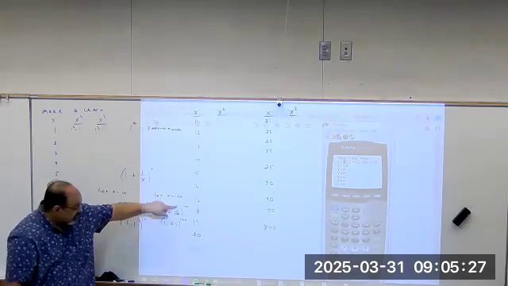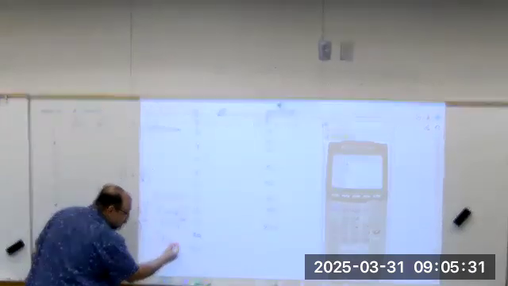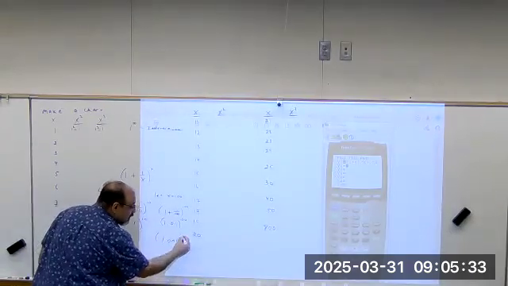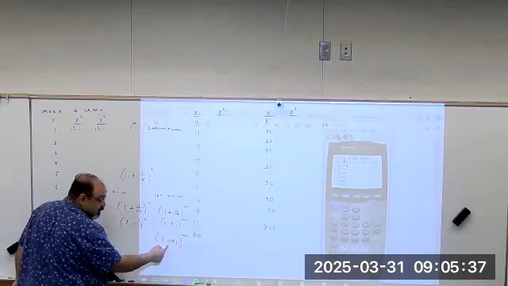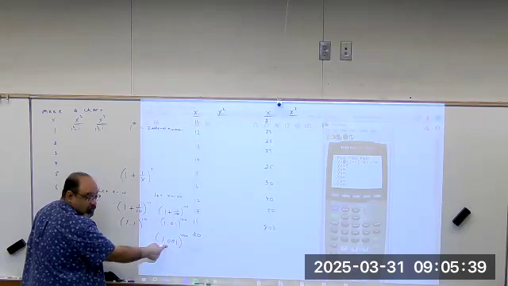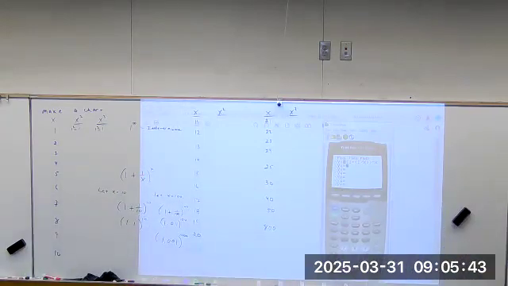If I plug in 1,000, this would be 1.001, but now to the 1,000 power. Still far away from infinity, but still getting closer to 1. So to crunch them a little easier, I go to the table and I'll just press 10.